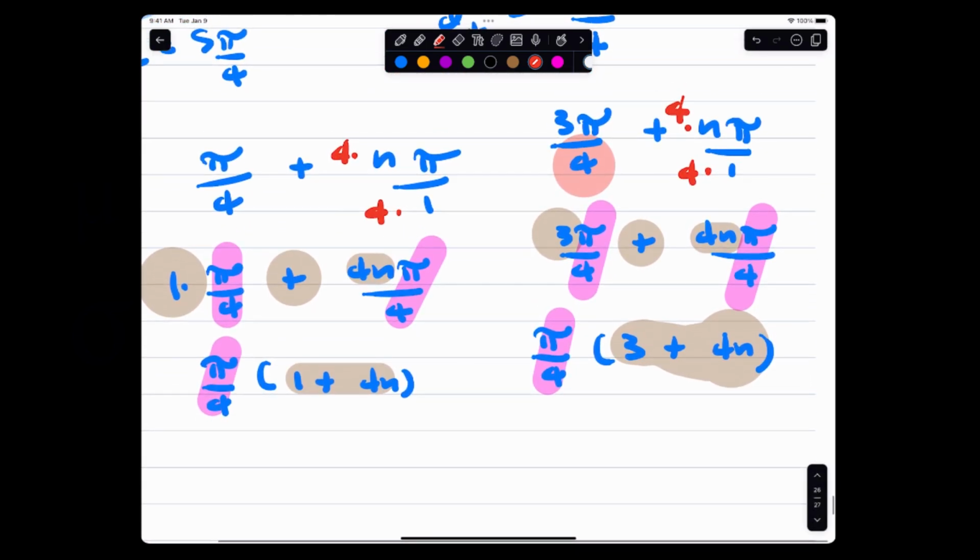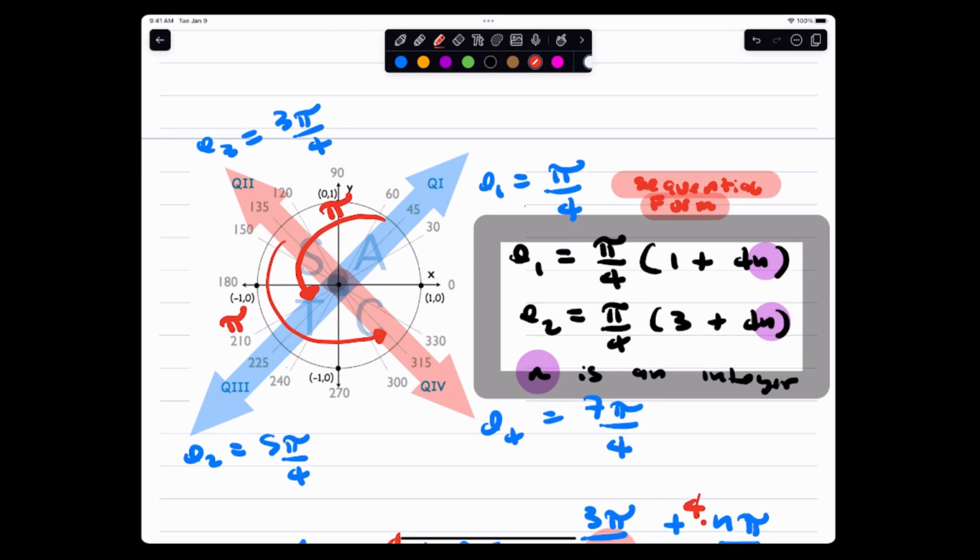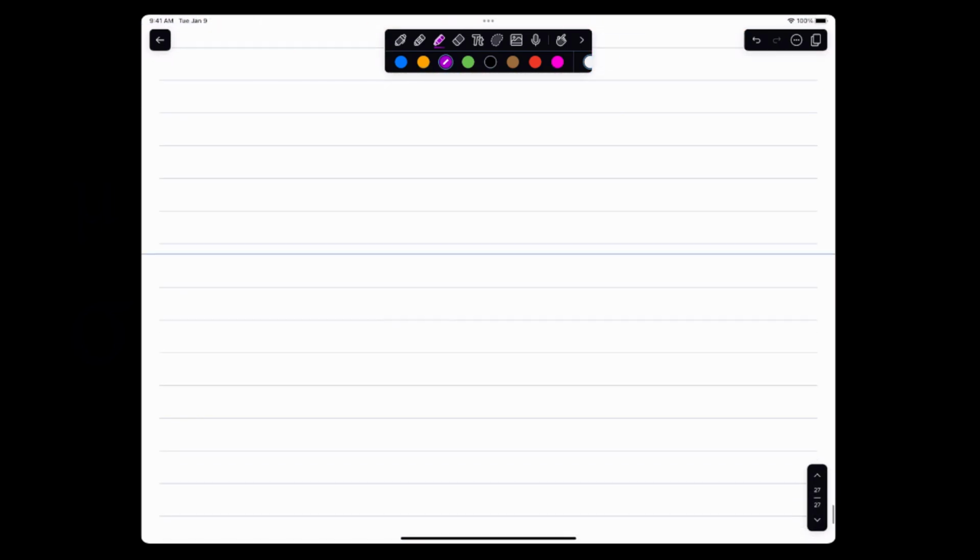And this is the arithmetic or the algebra that's used to write this all in sequential form here. Easy peasy, lemon squeezy.